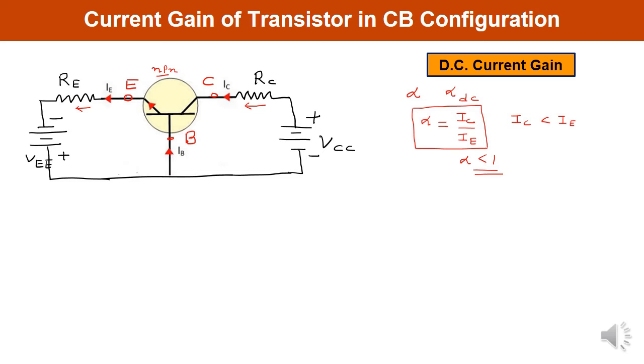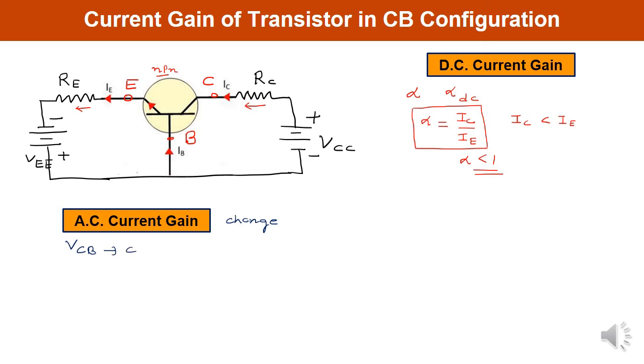What about the AC current gain in common base configuration? AC current gain is defined as, see, here the term is AC, which means you have to look for the change. The ratio is here, but we have to look for the change. So it is the ratio of change in collector current to the change in emitter current when a constant collector base voltage is applied, that is, when VCB is constant.